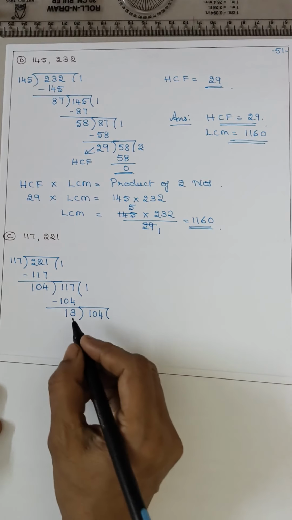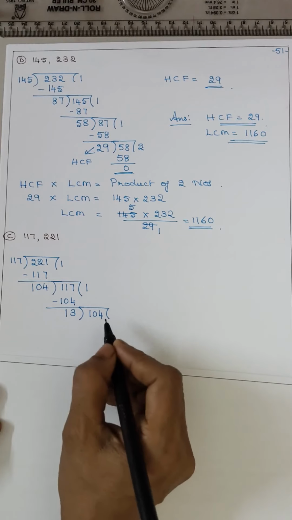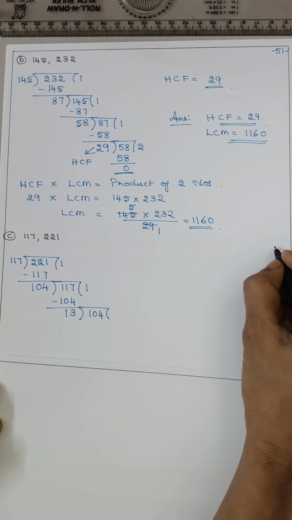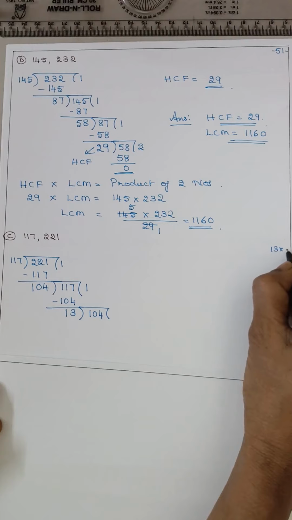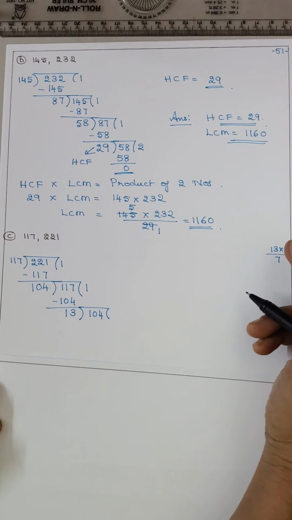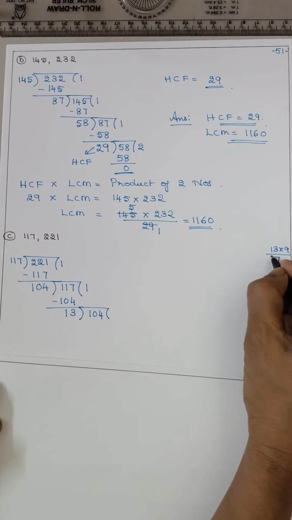Okay, now 13 is a bigger number. Try with 9. 13 into 9. 9 3s are 27. 9 1s are 9. 10, 11.